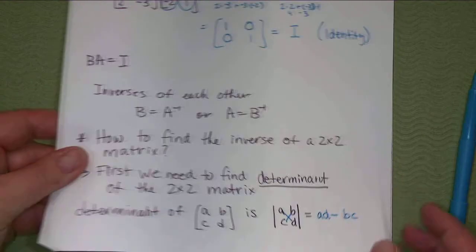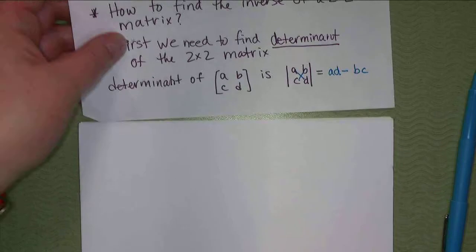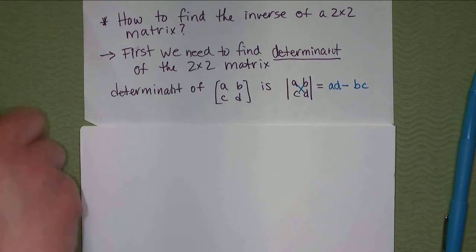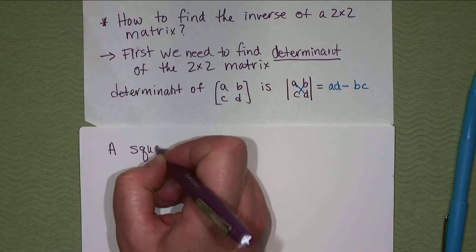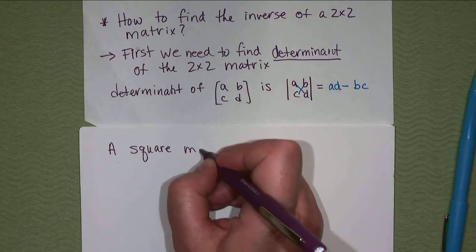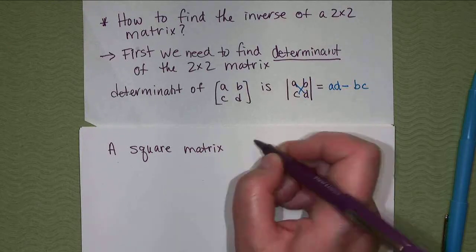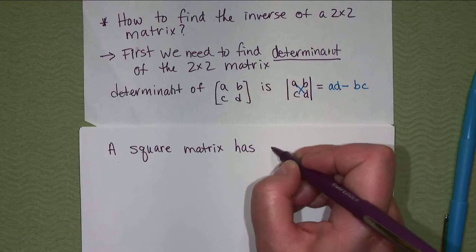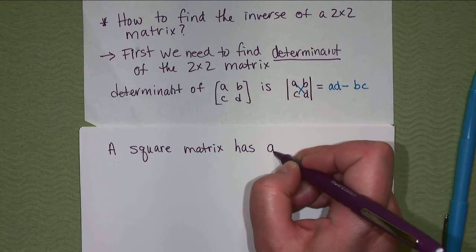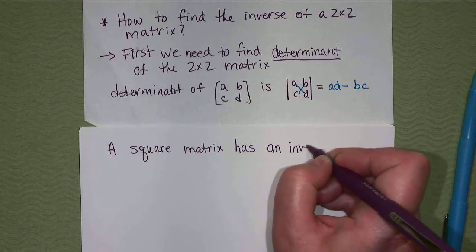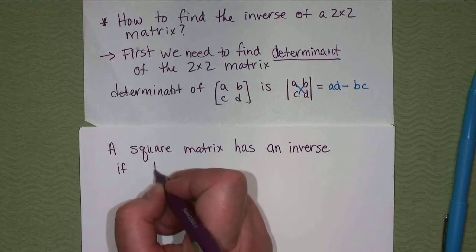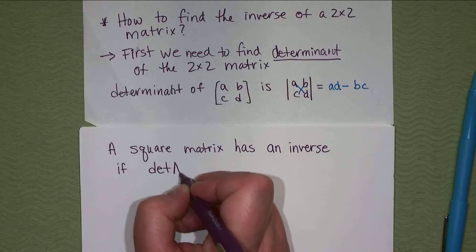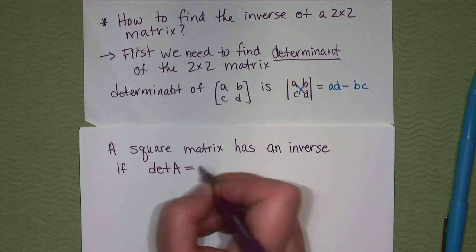So, not all matrices have an inverse. So, a square matrix has an inverse if the determinant of the matrix is not equal to 0.